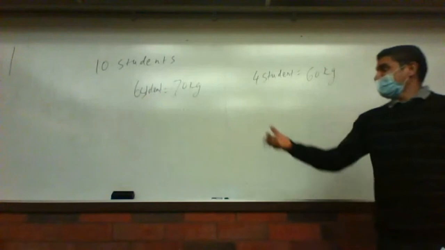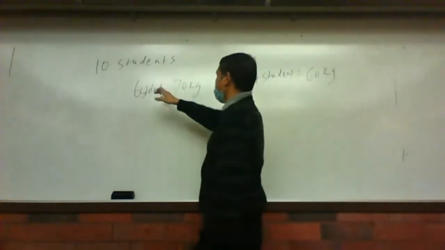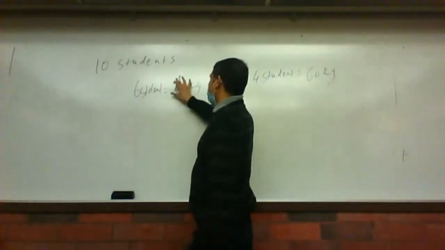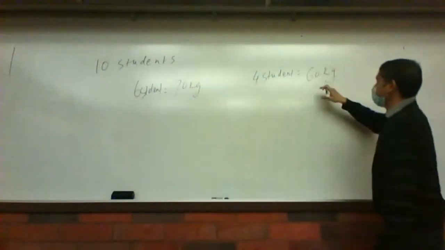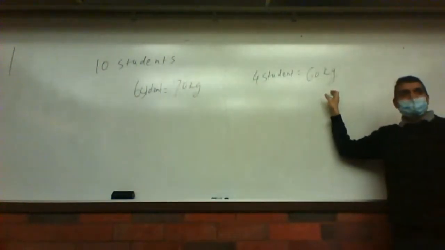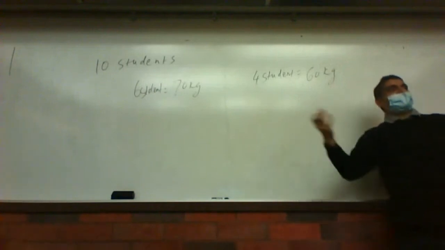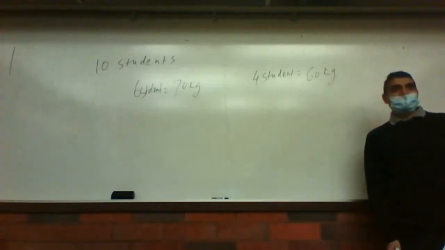Make sense? So we have students, and there are 2 types of students. One type of student is 70 kg mass. The other kind of student is 60 kg. Now what is the average mass of each student?